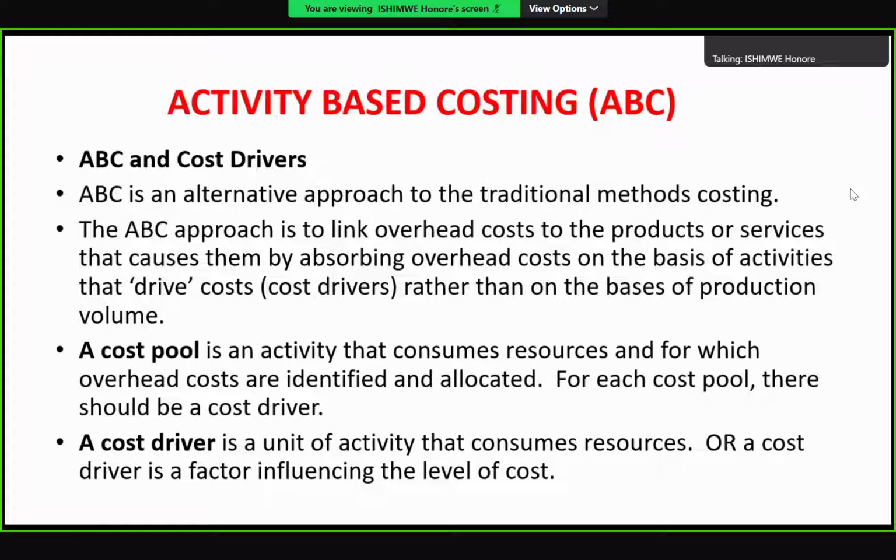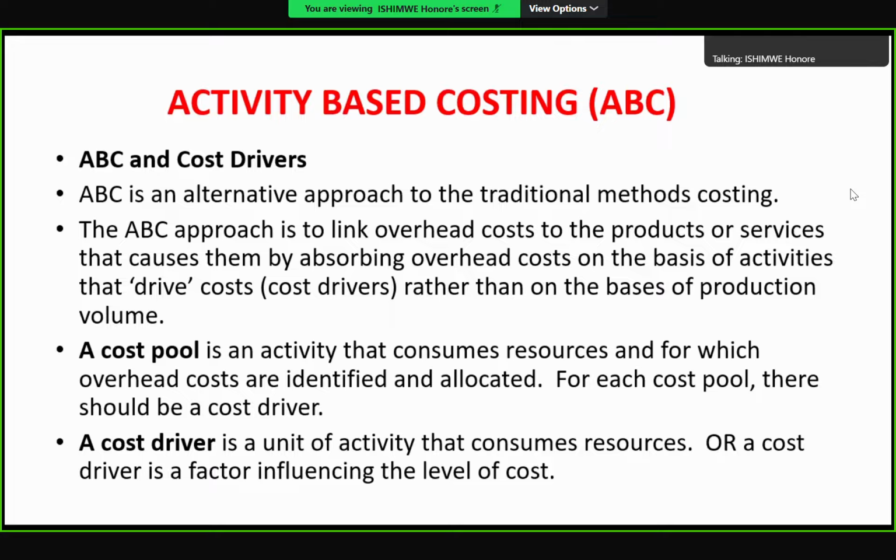There was an electricity expense or overhead costing us 10,000. That is the action of purchasing. Now we want to see what causes the consumption of that 10,000 of electricity.